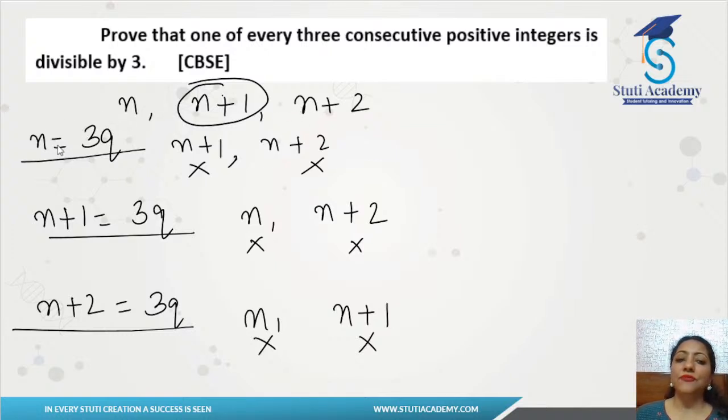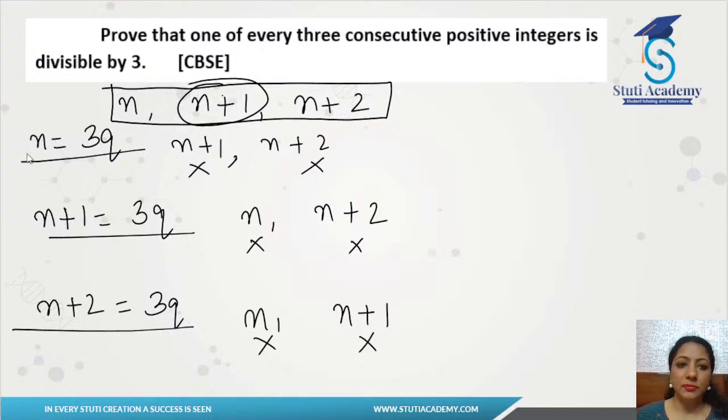In the first case, if n is a multiple of 3, then n plus 1 and n plus 2 are not divisible by 3. If n plus 1 is a multiple of 3, then n and n plus 2 are not divisible by 3. And if n plus 2 is divisible by 3, then n and n plus 1 won't be divisible by 3. So finally, we can say that out of these 3, only one would be divisible by 3. I hope, children, you've understood this.